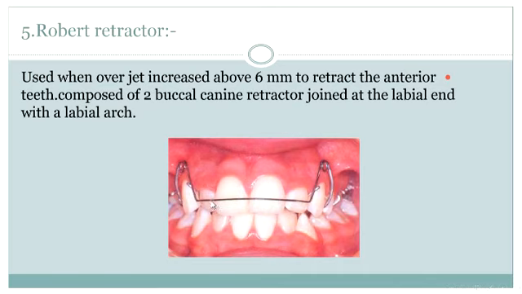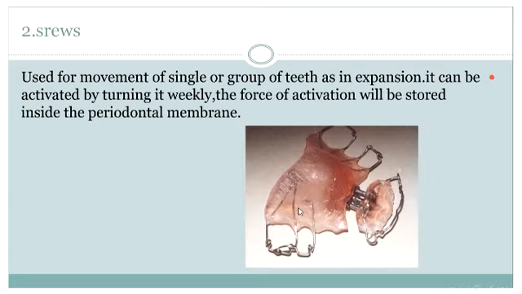In these photos, we can see a crossbite of the lateral, a slight rotation also here in the lateral. If we use a Robert retractor from the labial and a lingual screw or Z spring, we can correct the crossbite and slight rotation here, for example.